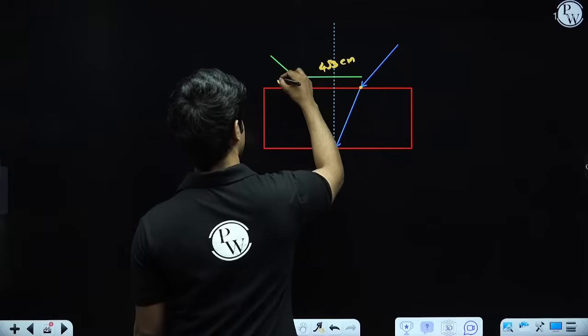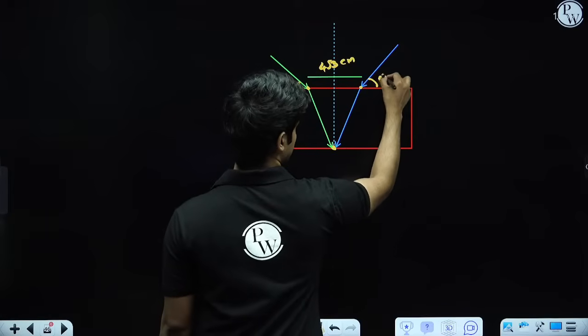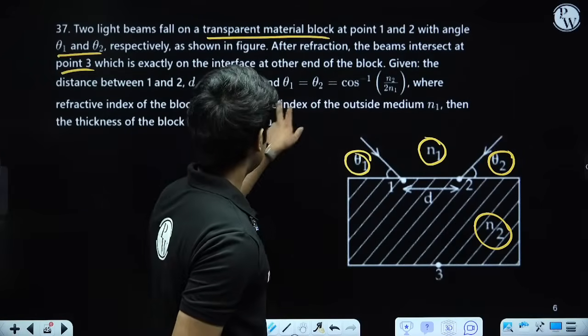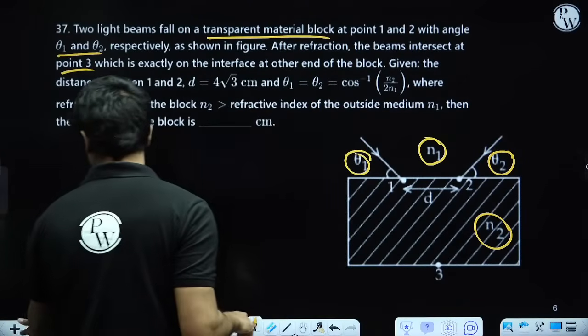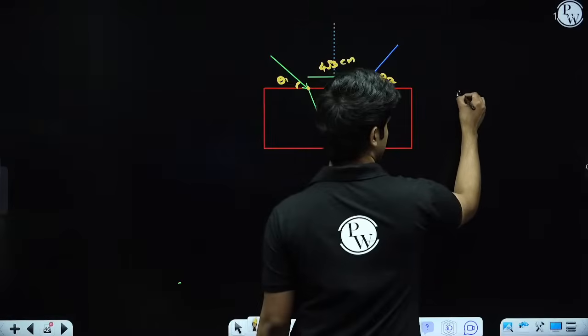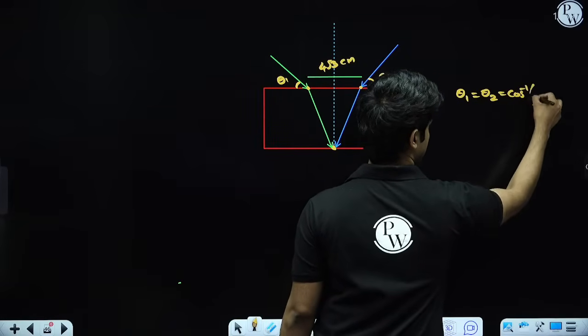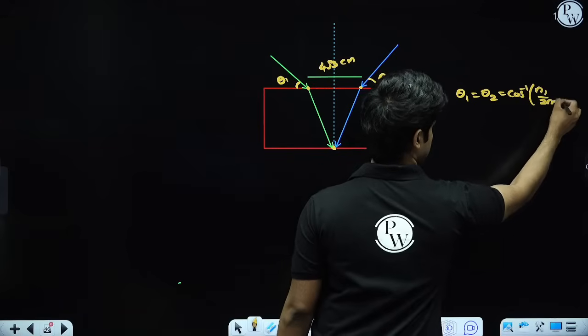This angle theta 1 and this angle theta 2 is also given. So theta 1 equals theta 2 equals cos inverse of n1 by 2n2.